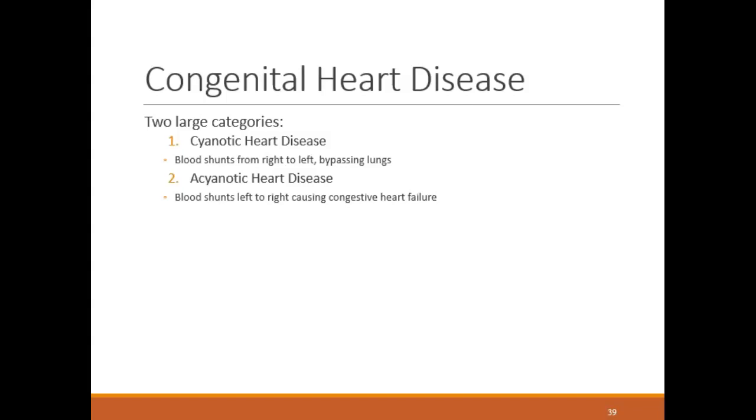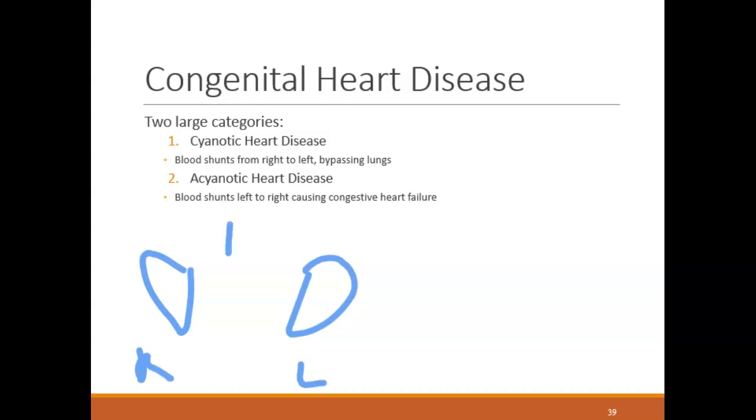If you think about it for a second, cyanotic heart disorders are where blood is shunted from the right side to the left side of the heart, bypassing the lungs. If I draw this out, this is the right side of my heart, this is the left side of my heart, and this is my lungs here in the middle.